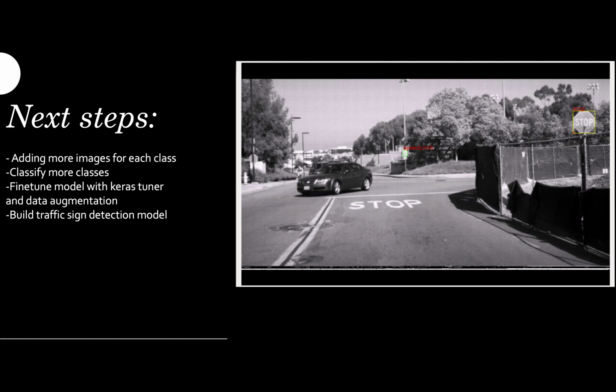And the very last step will be building a traffic sign detection model where we try to detect traffic signs in a big image, when we have multiple objects. So that will be it. That is my presentation. Thank you.